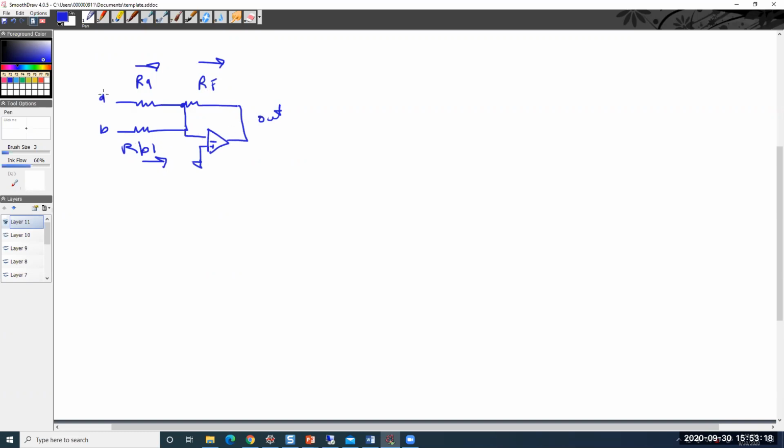I recognize that the inputs are coming in on the negative side, the feedback is negative, and that if I use superposition and I set that to 0, V out would equal VA times minus RF over RA. And then if I set A to 0, same thing.